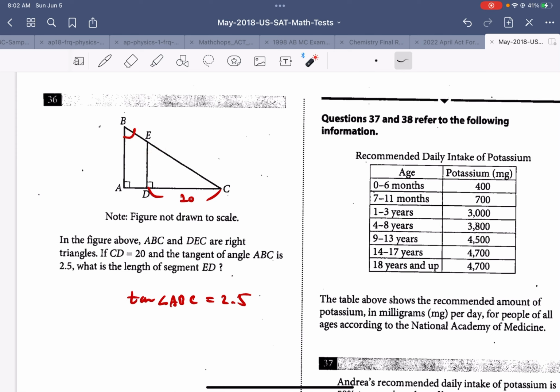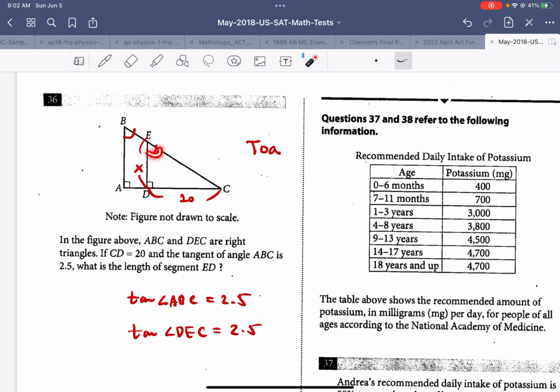So I can say the tangent of DEC is also 2.5. With the same angle, the tangent value must be the same. If you remember, the so-called TOA: tangent is opposite over adjacent. Let's say adjacent is x here.